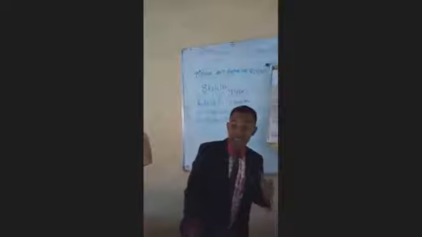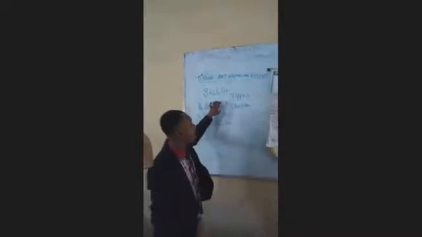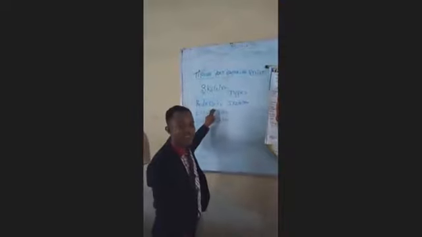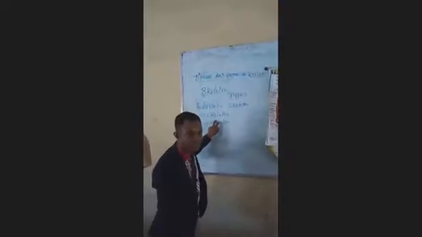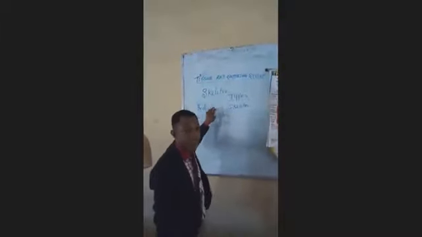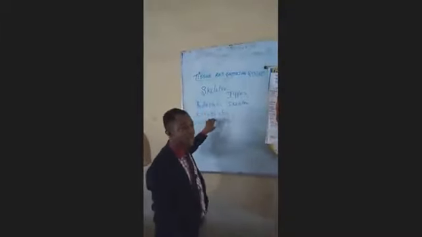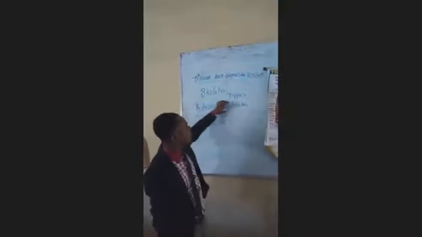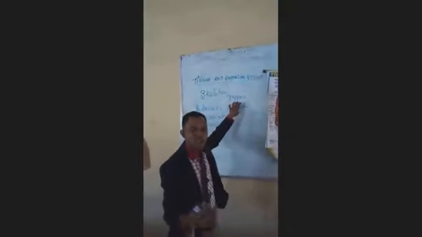The types of skeleton include the hydrostatic skeleton, the exoskeleton, and the endoskeleton. Quickly, the hydrostatic skeleton, of course, hydro means water.